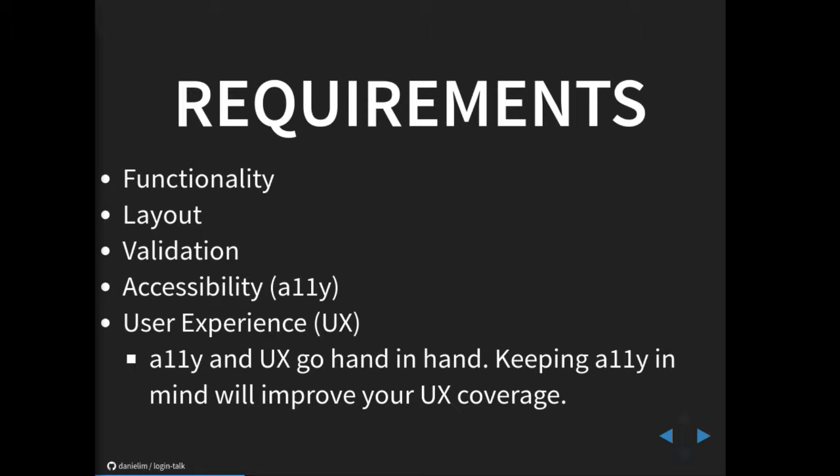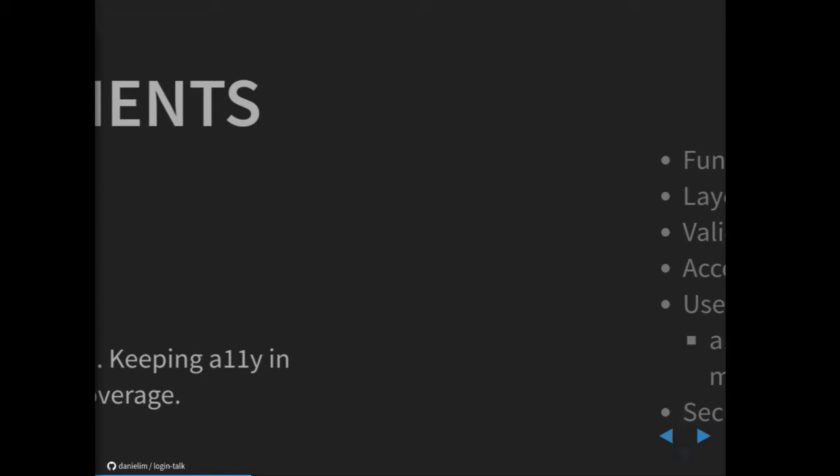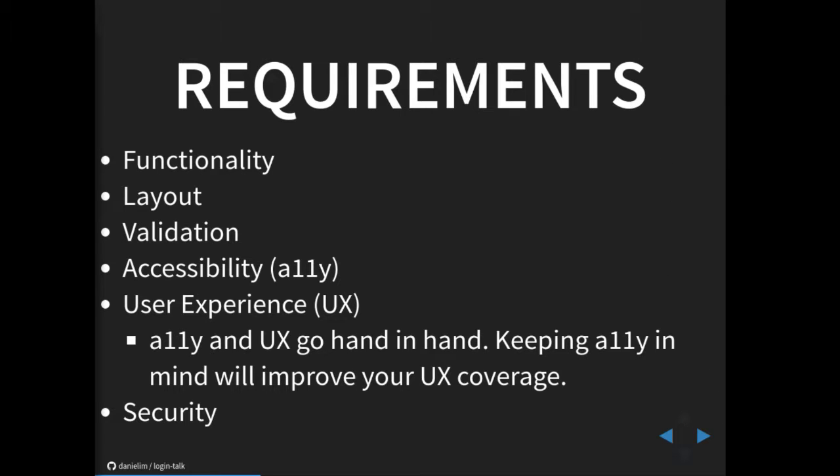Is the intention of the component clear? Granted, if you say username and password, it's usually pretty coherent. But some people do skip labels and it's weird. And are the error messages comprehensive? I repeat that a lot.